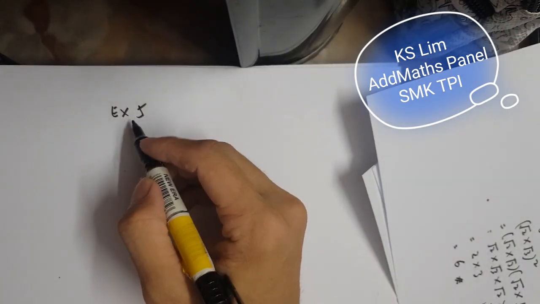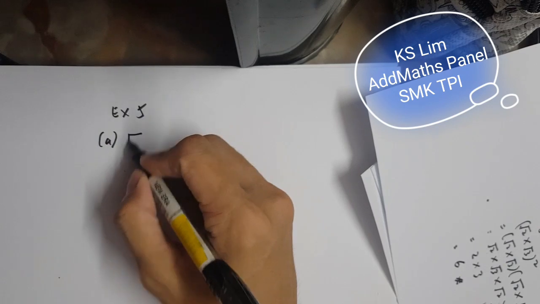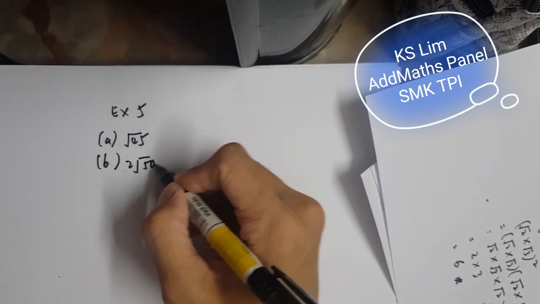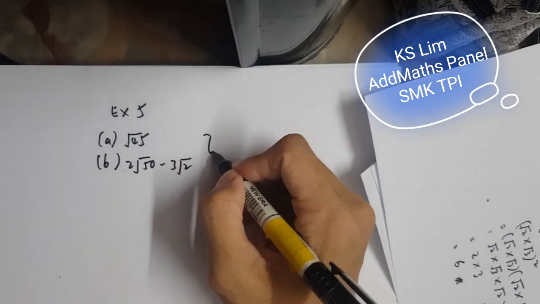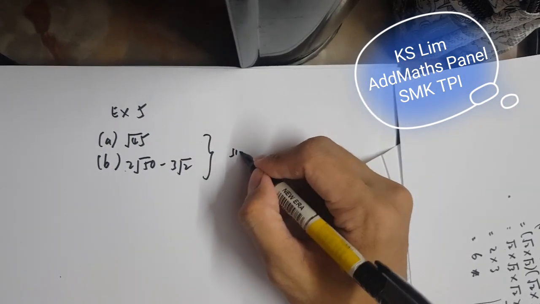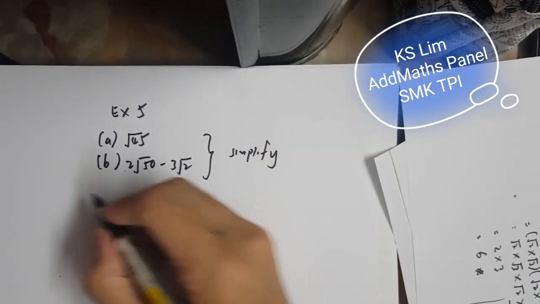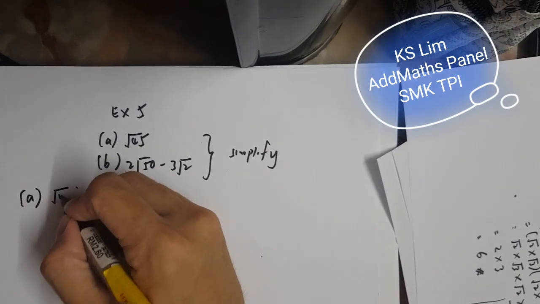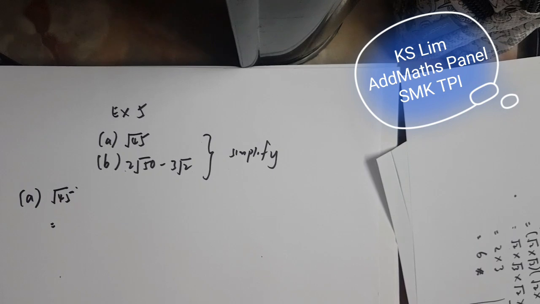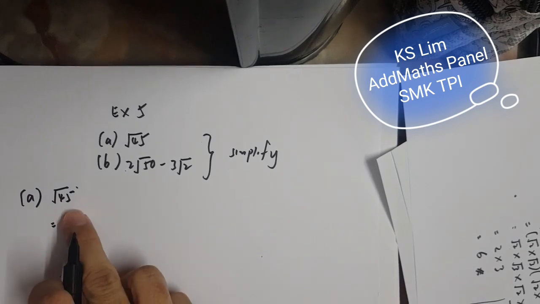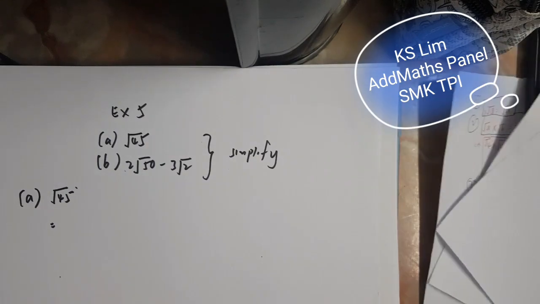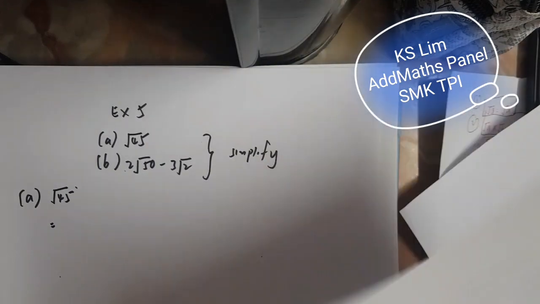For example 5, there are 2 questions, square root 45, question A, question B. You need to simplify. So I start with question A, square root 45. I can use the example from the notes given.